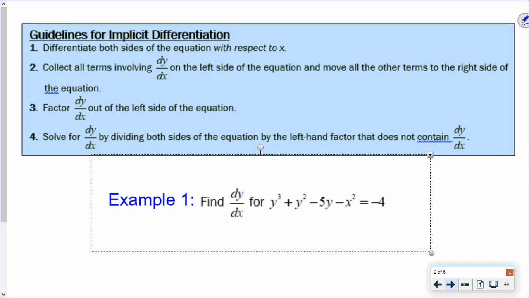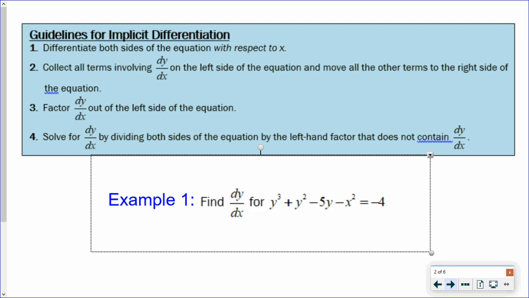But here are your overall guidelines for implicit differentiation. So you differentiate both sides of the equation with respect to x. So that means if you're differentiating y, you have to use chain rule and always multiply by dy over dx. Then you'll collect all terms involving dy over dx on the left side of the equation and move all the other terms to the right side of the equation.